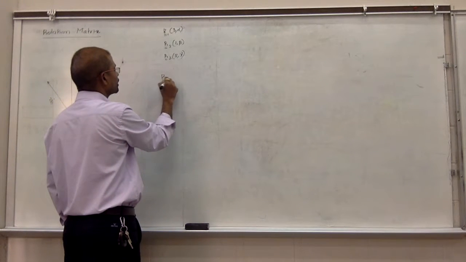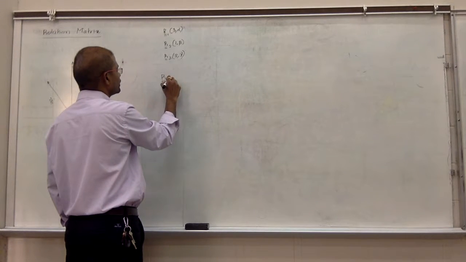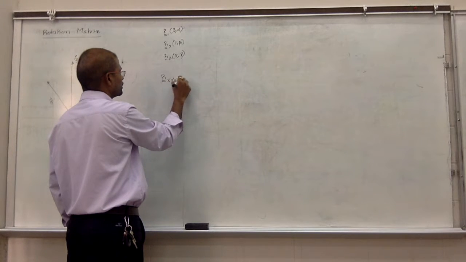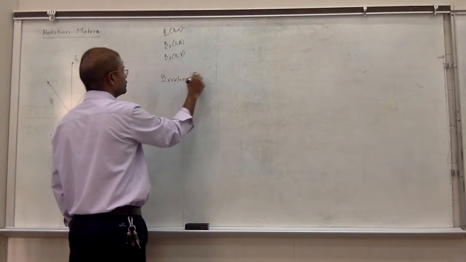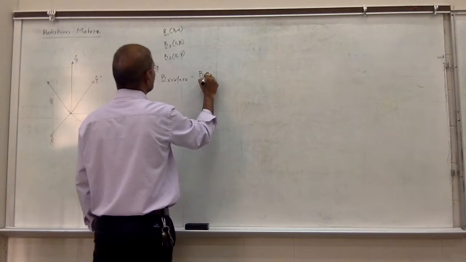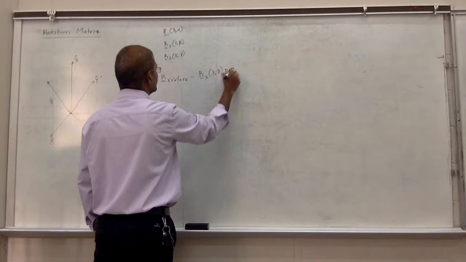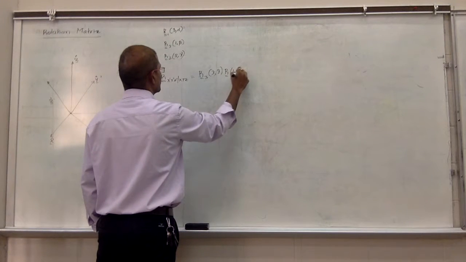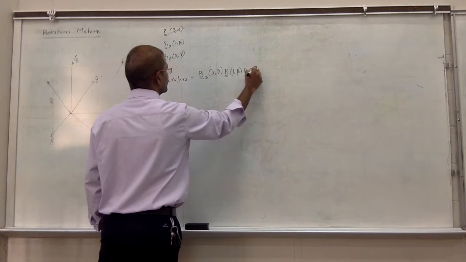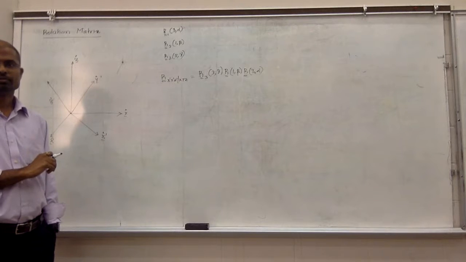Now what we do is to express this complete rotation. The complete rotation R, we'll just say x prime, y prime, z prime equal to... You see this?